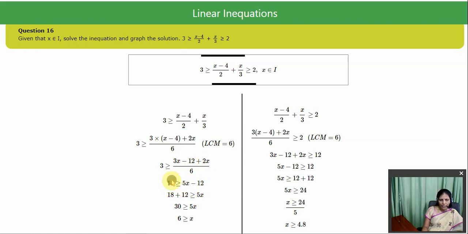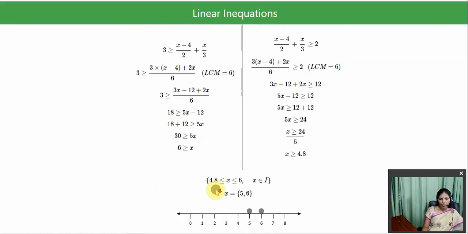So 18 is greater than or equal to 5x minus 12. Now variables on one side and constants on the other side. So 18 plus 12 gives 30 is greater than or equal to 5x. Therefore, dividing by 5, you get 6. So 6 is greater than or equal to x.